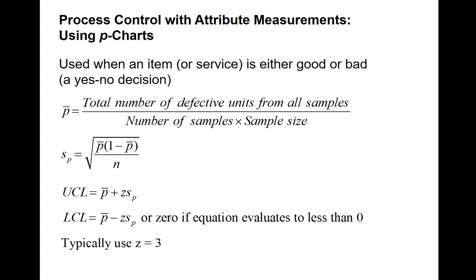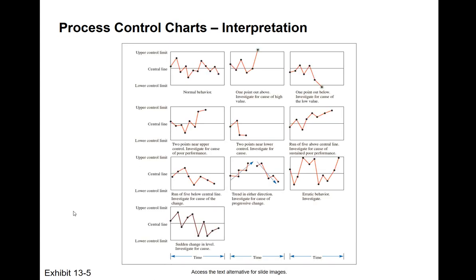For the P chart, in general, for each chart we need to have three lines: the upper control limit, the lower control limit, and the average. If we go back to the picture here, the black dots are the values for the samples, and we have three lines.